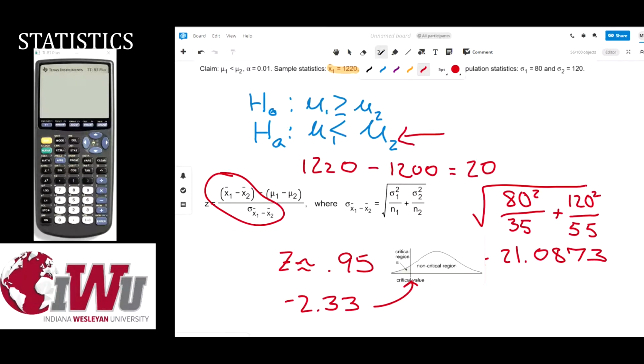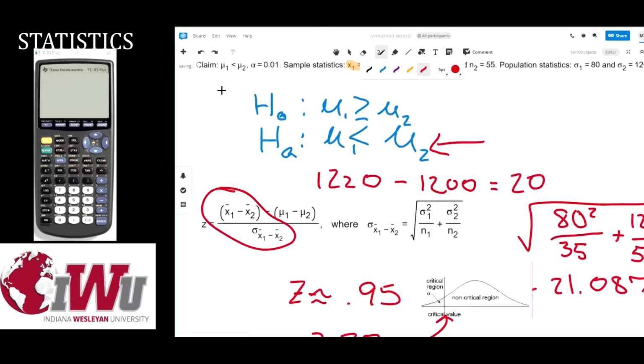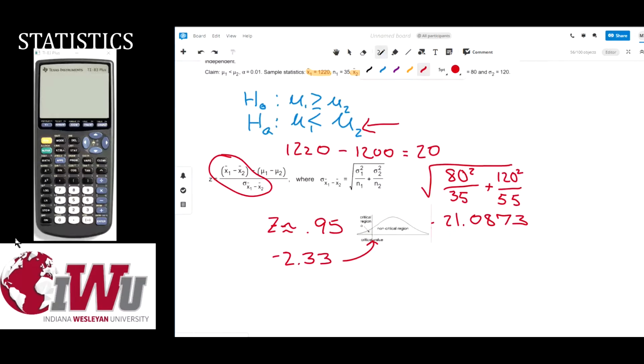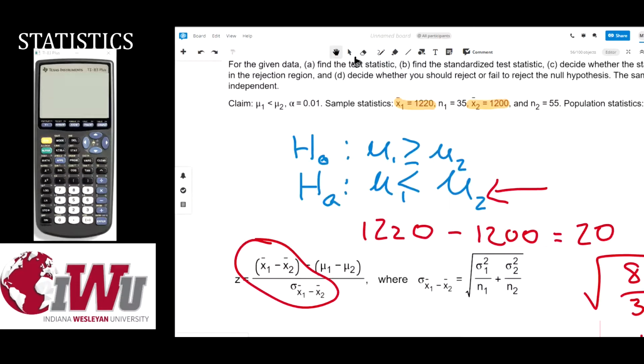At a 1% significance level, there is not enough evidence to support the claim. What do I mean by that? Remember, the claim in this instance was actually the alternative.